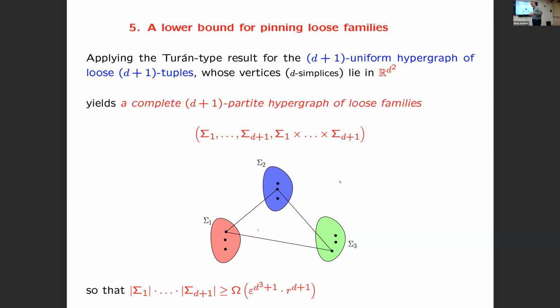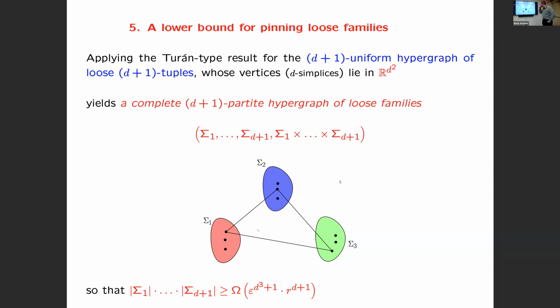This can be reduced to d squared. If our hypergraph of the loose families is epsilon dense, then, because it's actually semi-algebraic, because looseness is a semi-algebraic property, we are going to find a pretty large complete d plus 1 partite hypergraph within it.